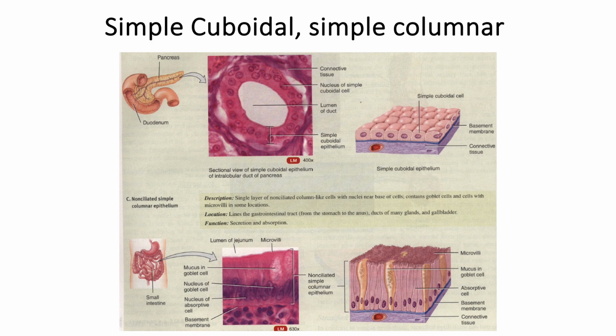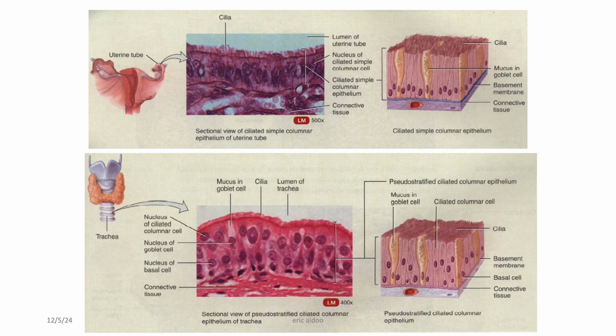You can see one in the gland that is shown above, and then you also have simple columnar in part of the GIT shown there. Then also you have this pseudostratified epithelium.